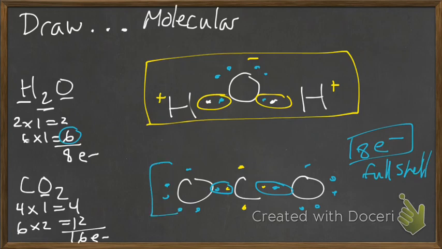So if I look at this oxygen here, 1, 2, 3, 4, 5, 6, 7. That's not 8. This oxygen's going to be the same. If I look at this carbon here, it has 1, 2, 3, 4, 5, 6. Something's wrong here. They're not balanced yet. So let's get rid of all that jazz.